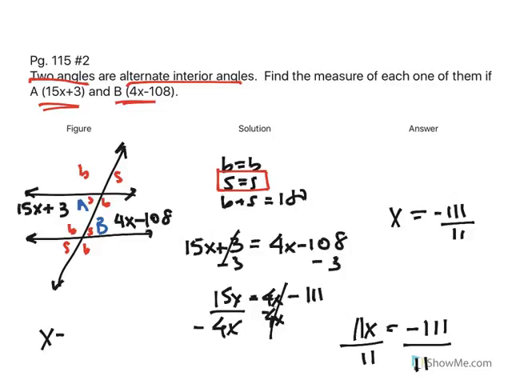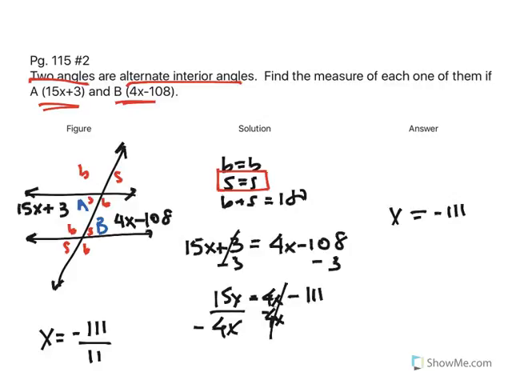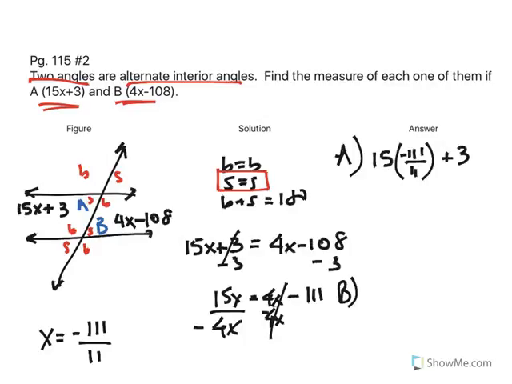Let us find the measure of angle A and the measure of angle B. So the measure of angle A is 15 times negative 111 over 11. This is a ridiculous number. Okay, whatever. That's fine. Roll with the punches.